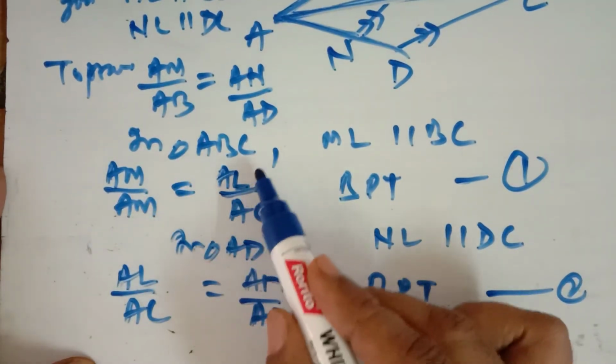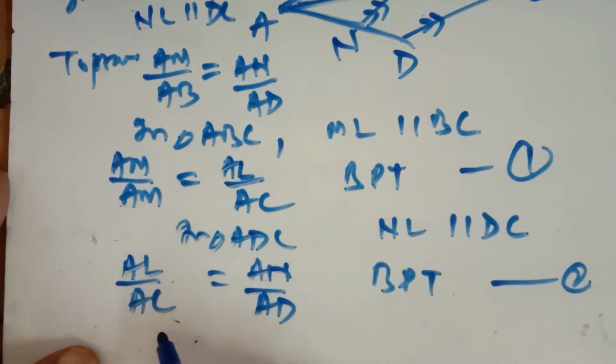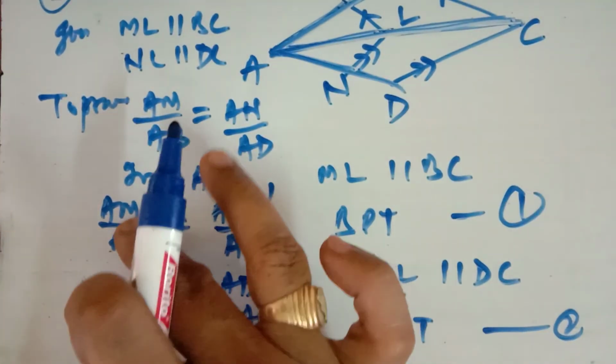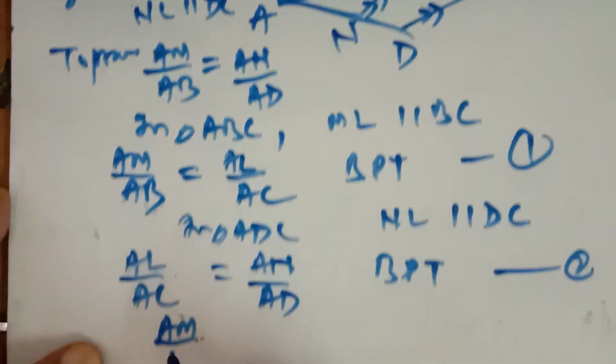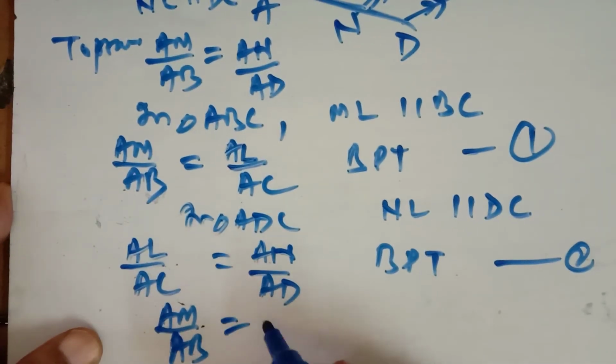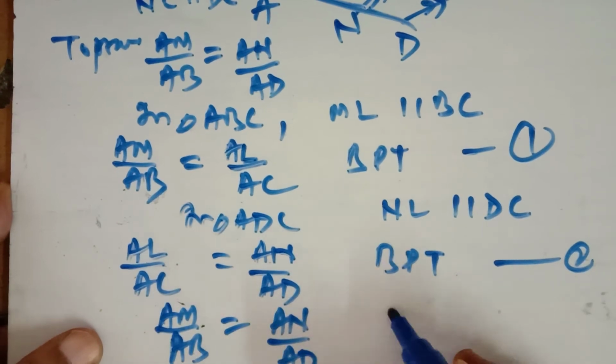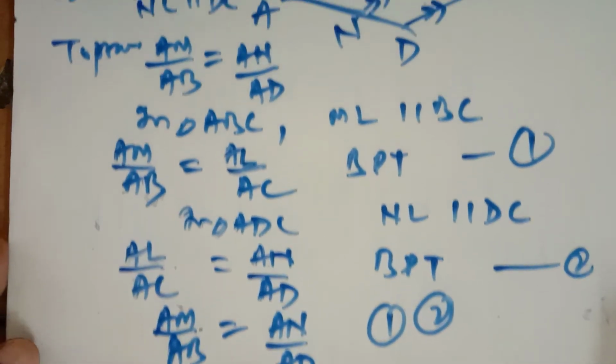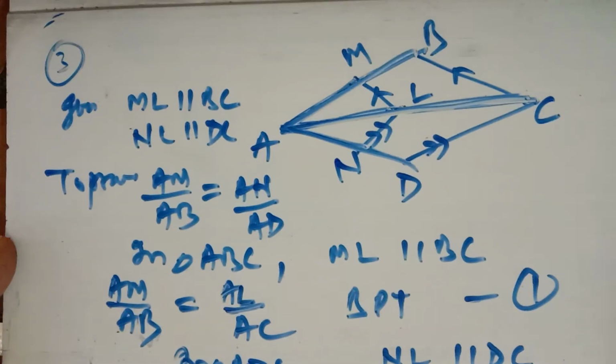Because both are equal to AL upon AC, you can say that AM upon AB is equal to AN upon AD, from steps number 1 and 2. So again the BPT theorem is being used.